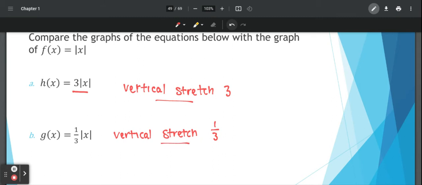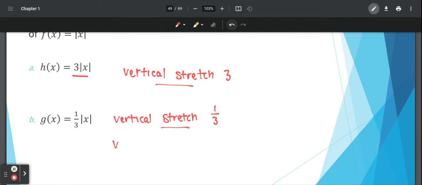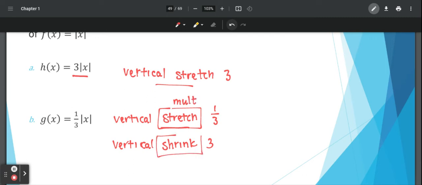If you want to leave the numbers the same, you can say vertical stretch of 1/3. But what it really means is that you have a vertical shrink of 3. Because remember, stretch means to multiply, and if you're multiplying by 1/3, then you're dividing by 3.